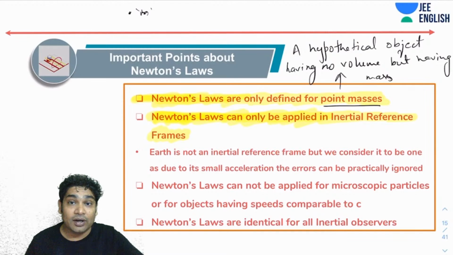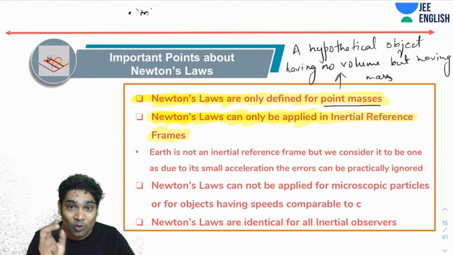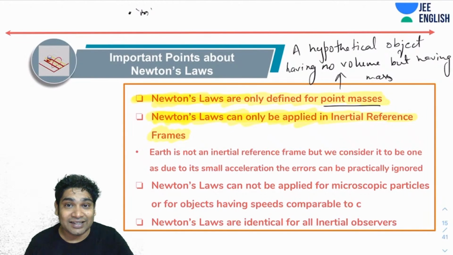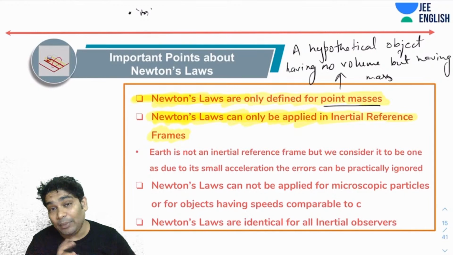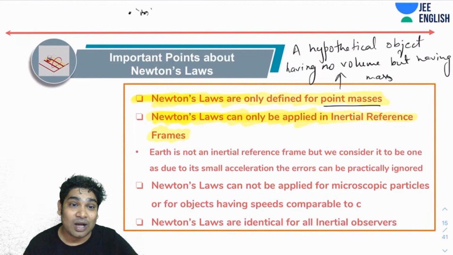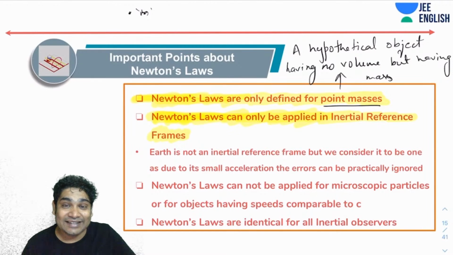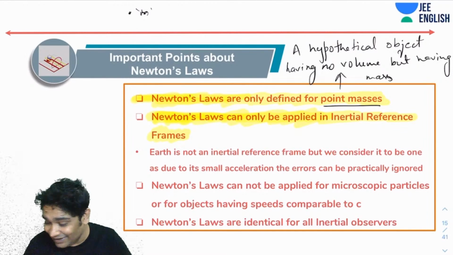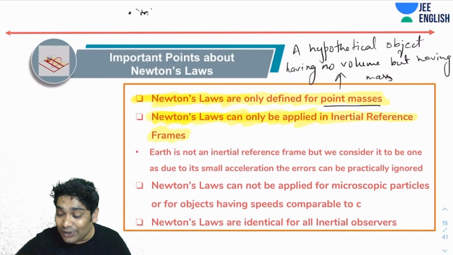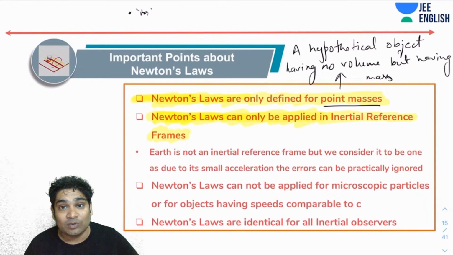So you standing on Earth actually have two accelerations that you can immediately see: one due to rotation, one due to revolution of the Earth around the Sun. That means if you have accelerations, you are not allowed to use Newton's laws. Then how is it that we all apply them every day?